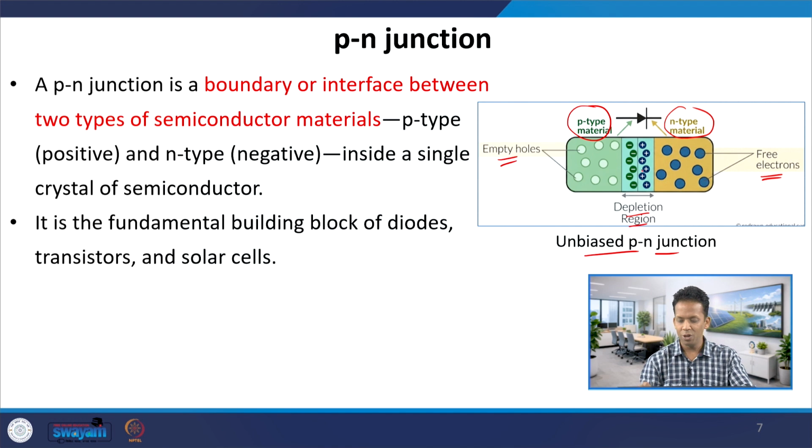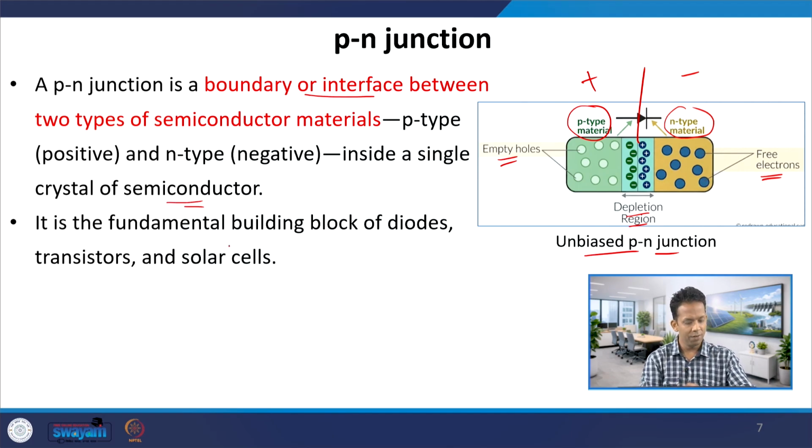A P-N junction is a boundary or an interface between two types of semiconductor material, one P-type and the other N-type. P-type is often connected to the positive and N-type to the negative, inside a single crystal of semiconductor.